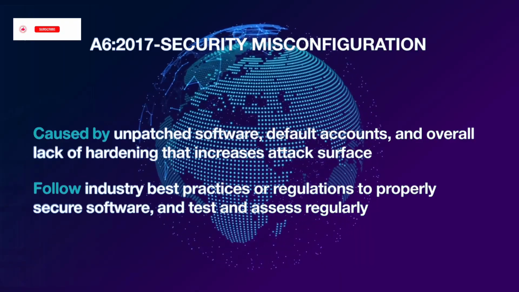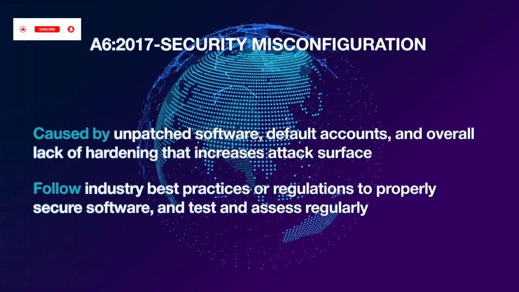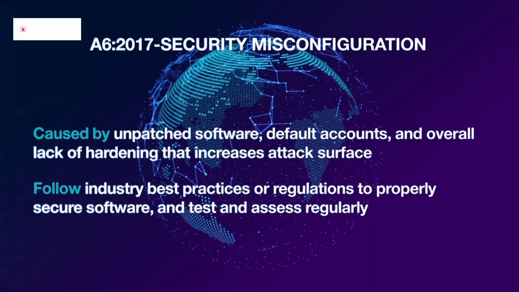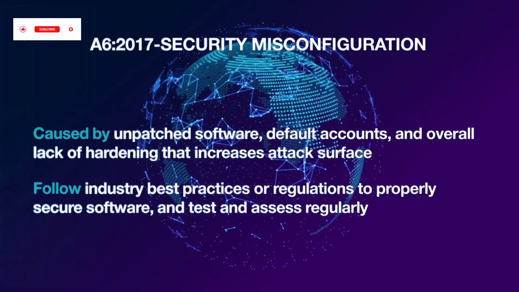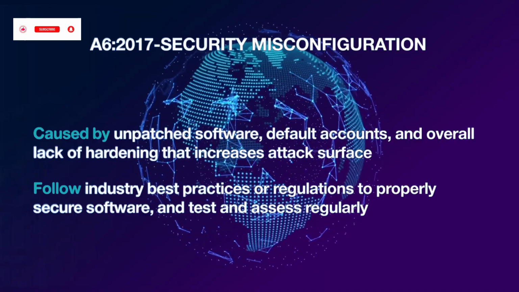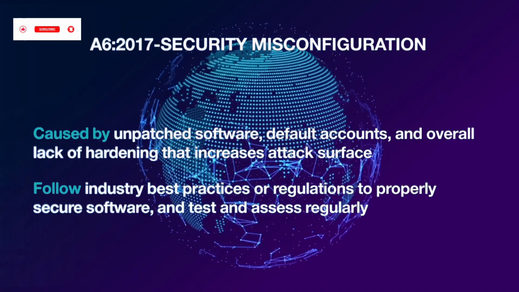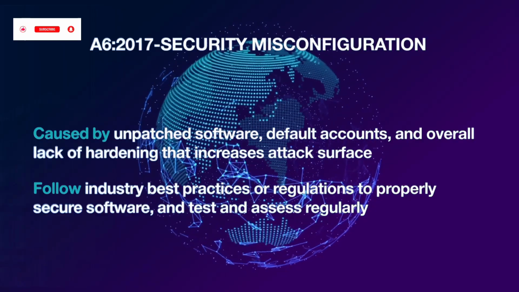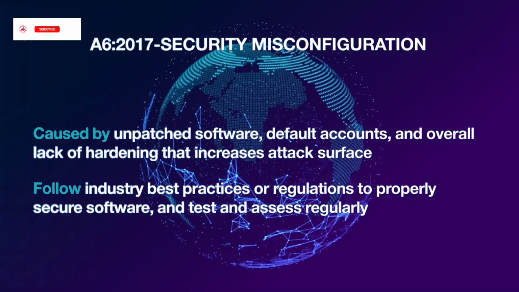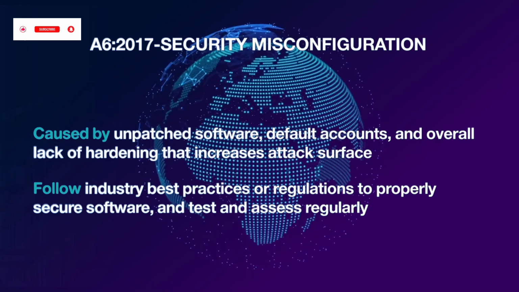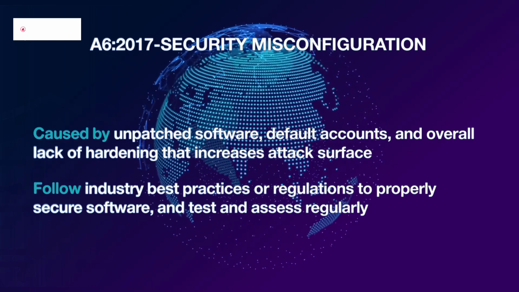So we want to follow those industry best practices or regulation to properly secure our software and test and assess regularly. We also want to minimize the attack surface by disabling anything that's not required, any software, any functionality, any services, things like that.